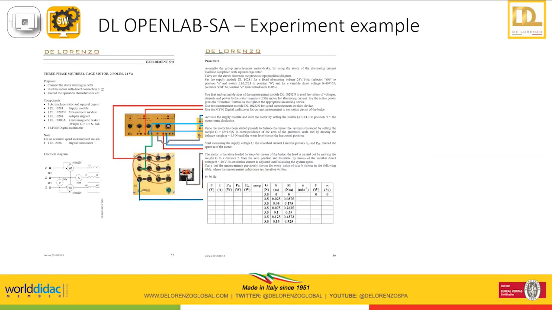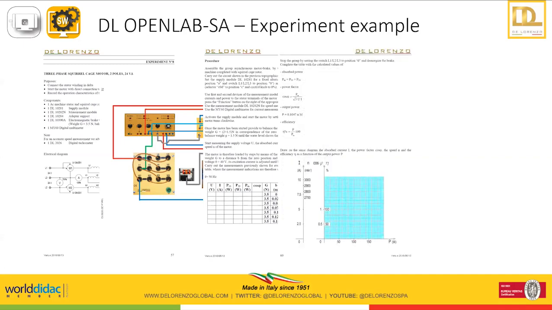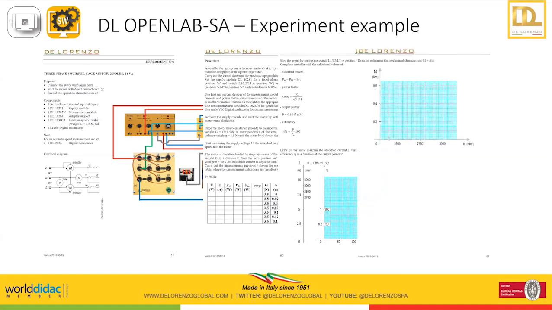We have the procedure step by step of what to do after performing the wiring connection, and then the necessary formulas to fill the table, for example, in this case, with other data not available in the modules. And at the end, you can plot your curves, and you can also compare with real separated curves, just to have an idea if the machine under test is running correctly.